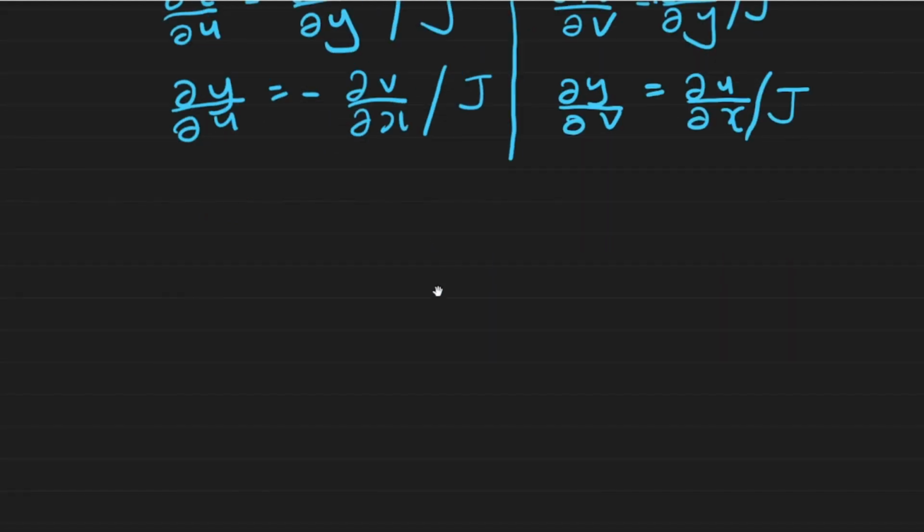So going back to our original example that we had, u is equal to e to the power x cos y, and v is equal to e to the power minus x sine y.